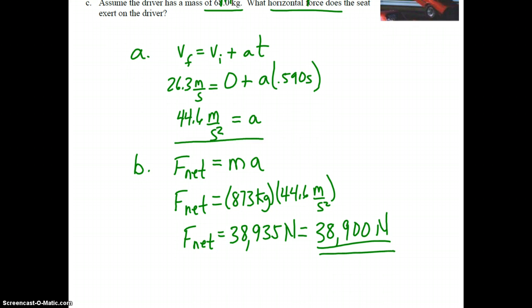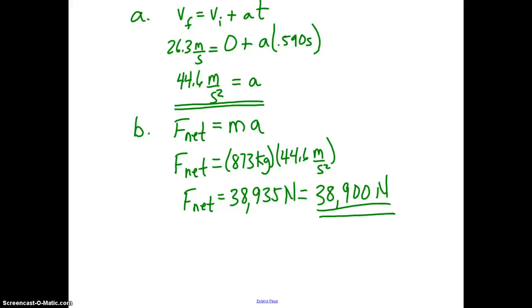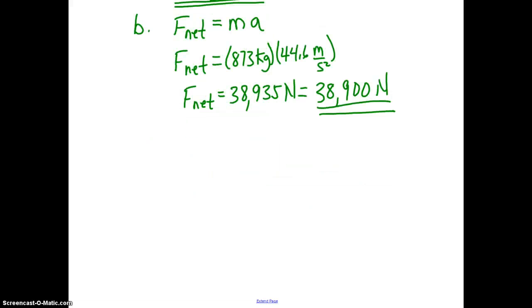So we have an acceleration of 44.6 meters per second squared, and the force on the dragster would be 38,900 newtons. Lastly, C, assume the driver has a mass of 68 kilograms. What horizontal force does the seat exert on the driver? Well, the horizontal force, again, would be the net force acting on the driver exerted by the seat.